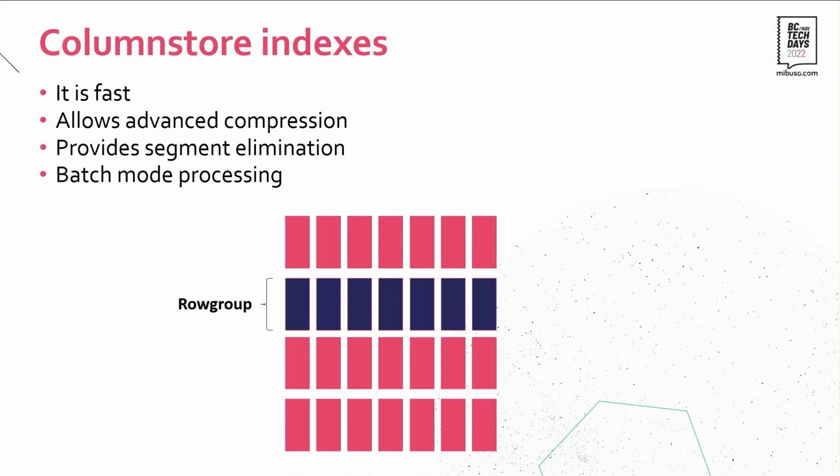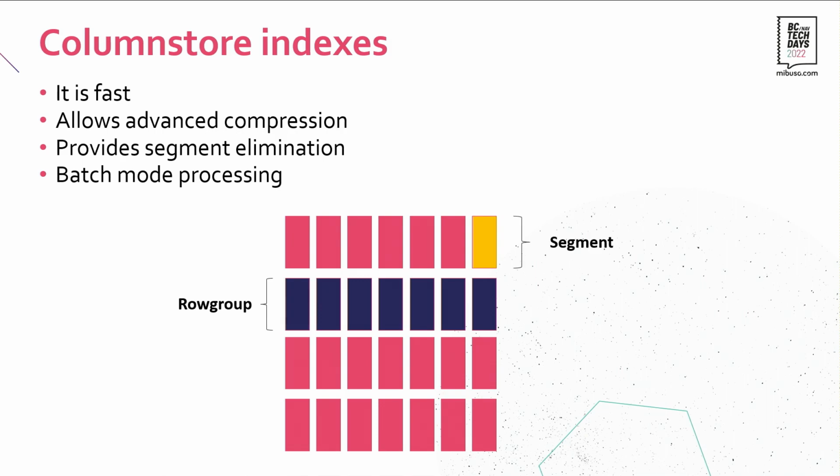These row groups are also small tables, and ideally we should have 1 million records in each row group for the column store index to be optimized. But this doesn't always happen, and we will see that too.